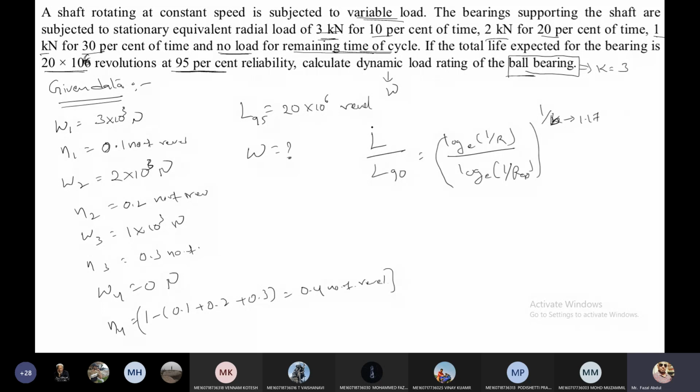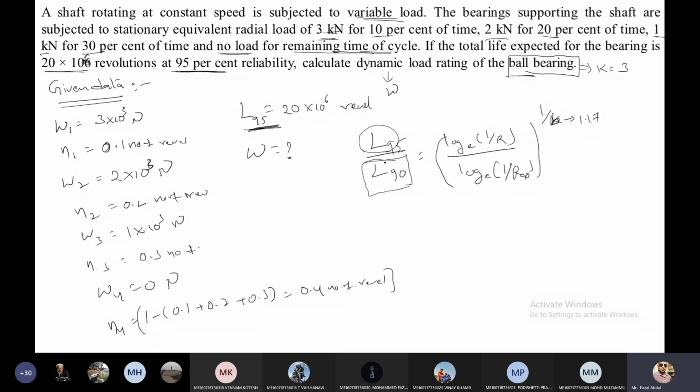Okay, so this is the actual equation here. Here this is the million revolutions, so the million revolutions mean total complete revolutions, and this is the complete under test. Always the reliability, 90% is given, but here actually the problem is given for 95%, so I am writing the 95 here.